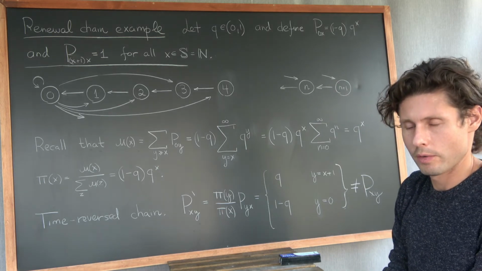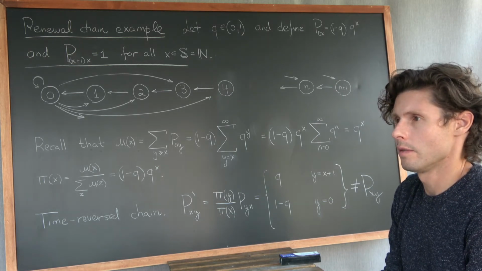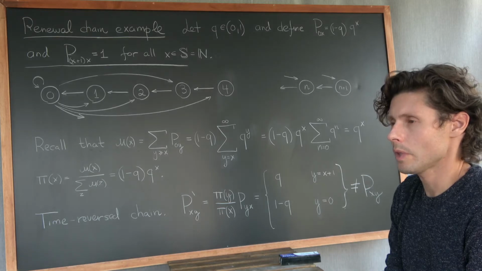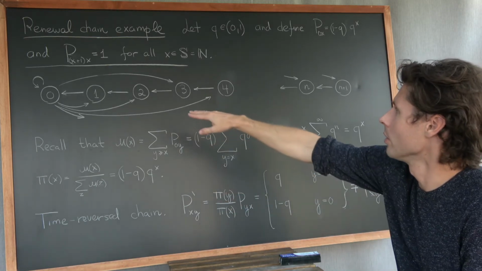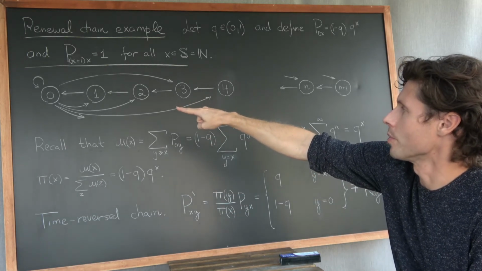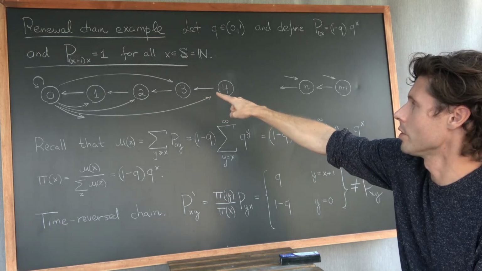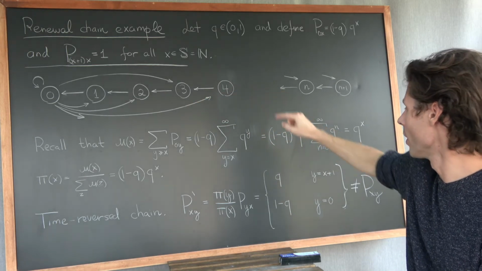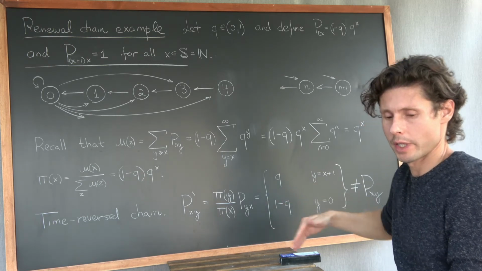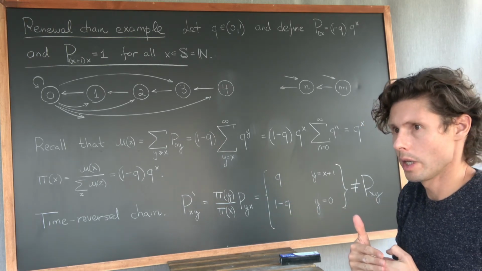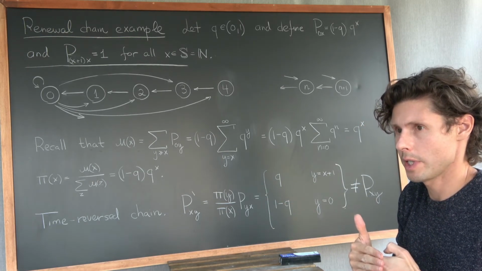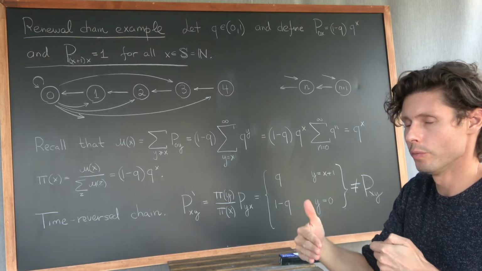And so now this chain looks very different. What's actually happening here? All of these one-step transitions from 0 to 1, from 1 to 2, from 2 to 3, from 3 to 4 are now happening with probability q. So it's like you're at some state and you have probability q of moving forward.